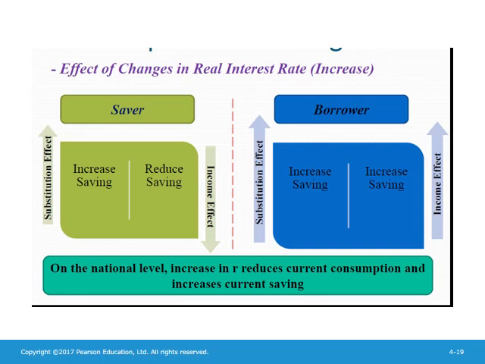The empirical evidence was saying that it supports the substitution effect more. When R increases, this will result in a reduction in current consumption and consequently an increase in the current savings, or the desired savings, or the aggregate or national desired savings.